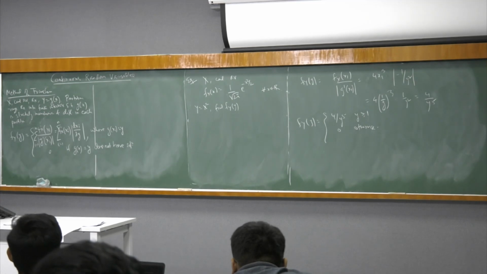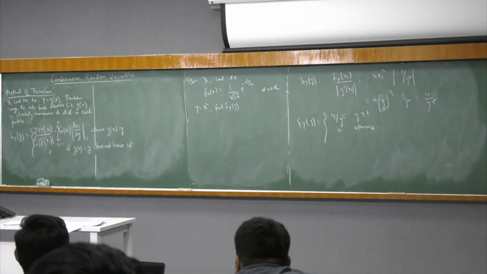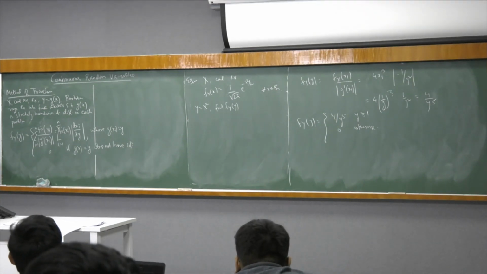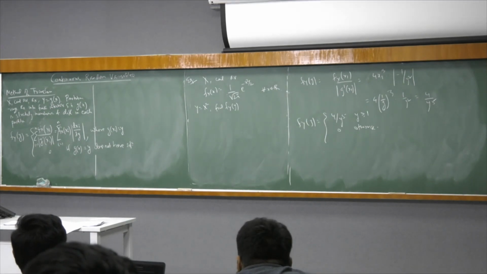So we have to break this into two parts, less than 0 and greater than 0, and then we have to solve g(x) equals y. So basically we have to solve for x. If we solve for x, we get plus minus square root of y. So in that case, x1 is plus square root of y, x2 is minus square root of y.